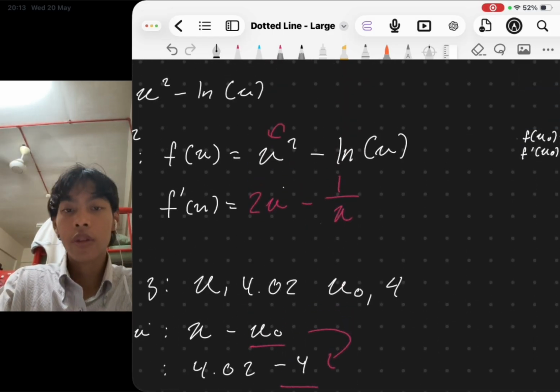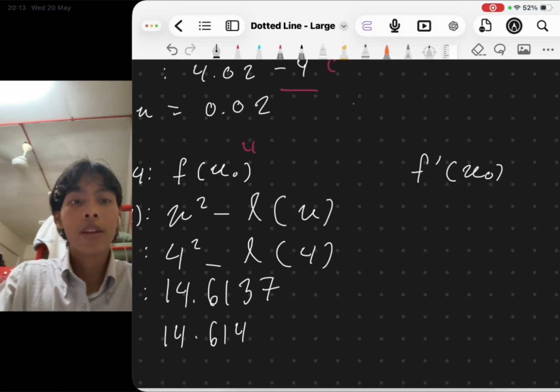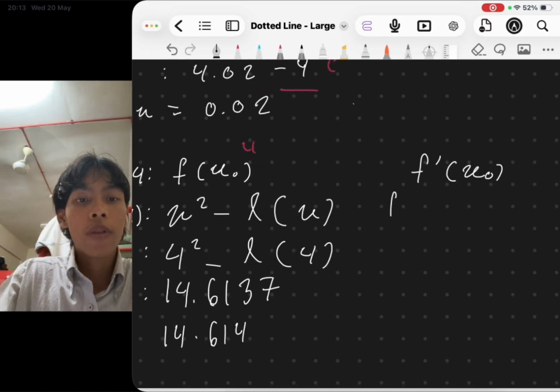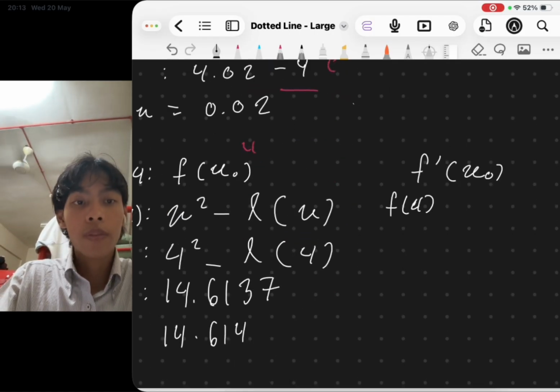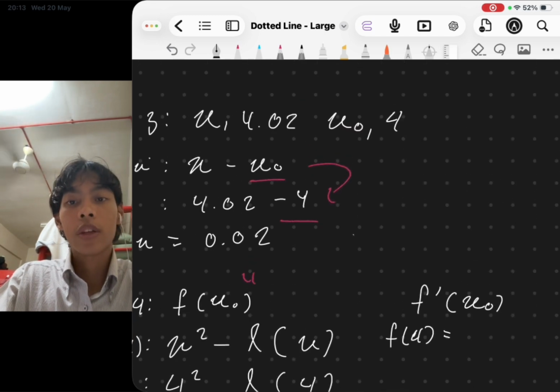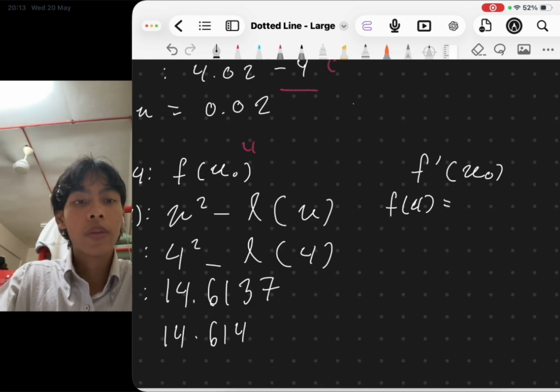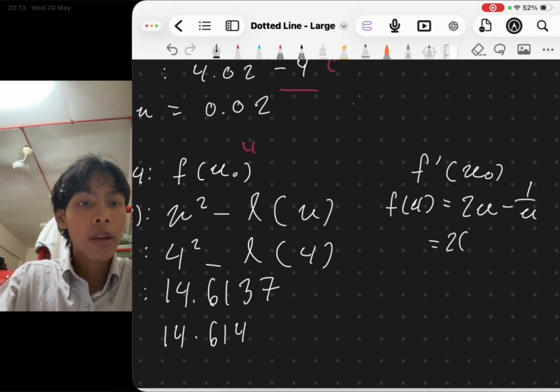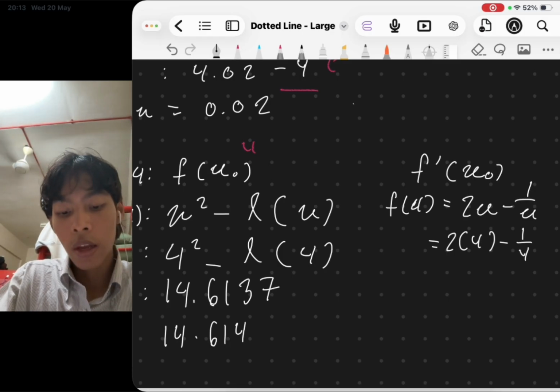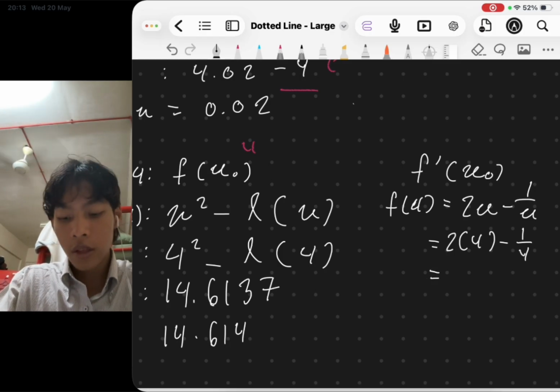It is 2x minus 1 divided by x. So for f prime 4, we put 4 in: 2 times 4 minus 1 over 4. The answer we get is 7.75.